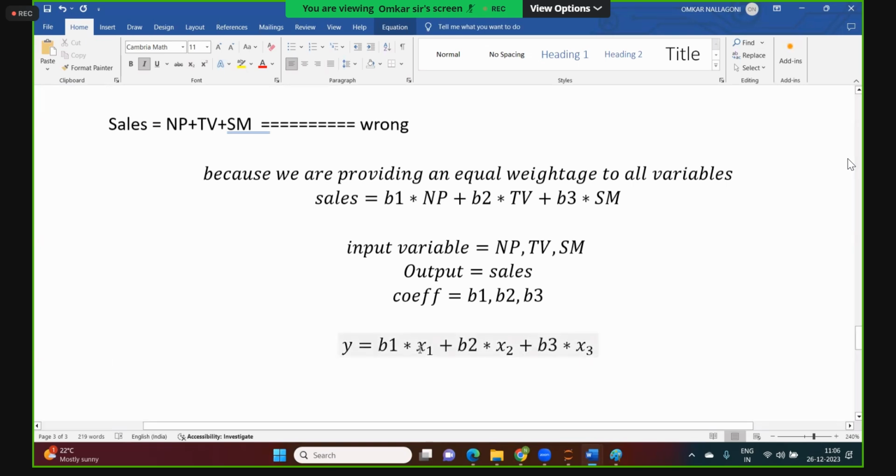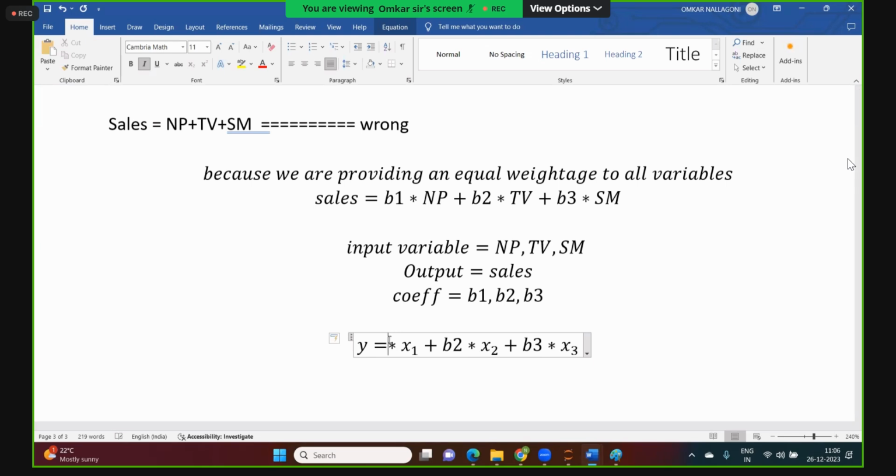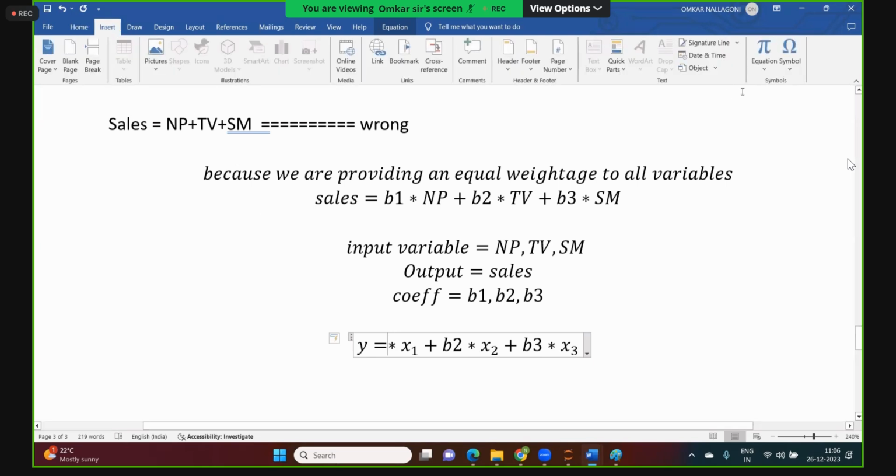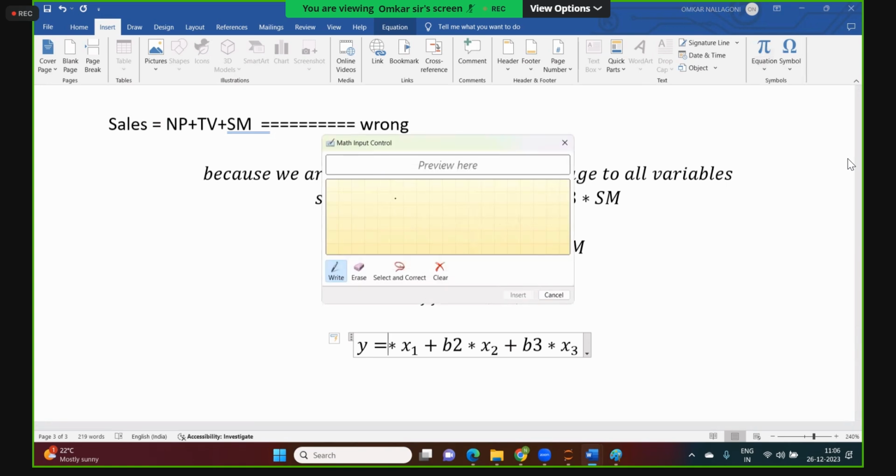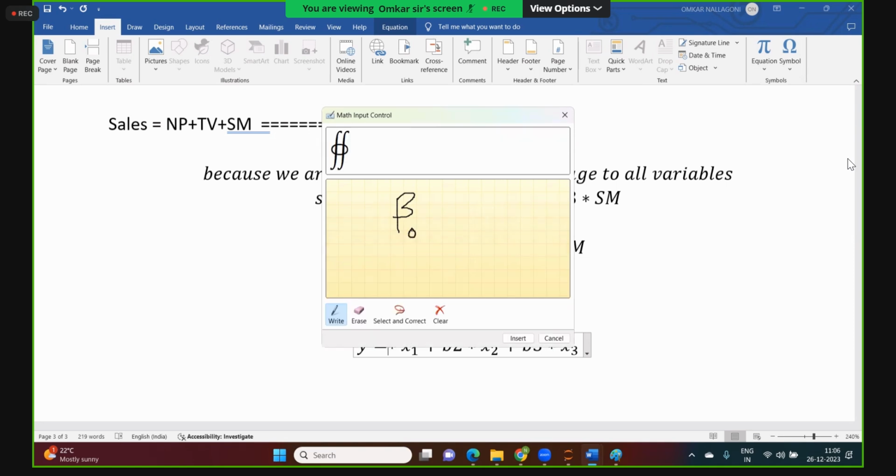Generally they will write beta, not B, but we are not able to write beta, that's why we are writing B. Generally they will write beta naught or beta 1.